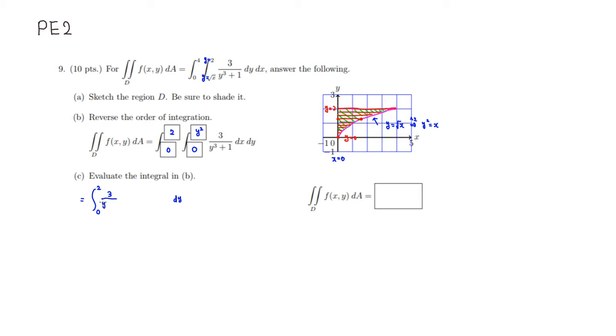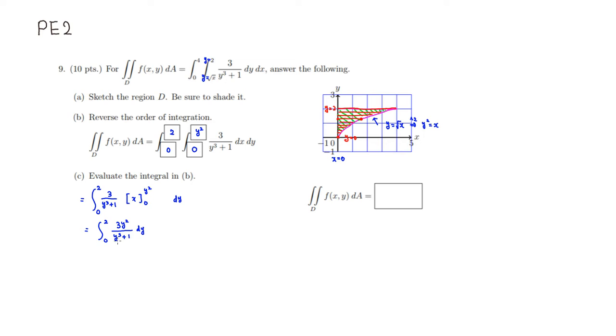Then you are integrating 1 with respect to x, so it's going to be x, going from 0 to y squared. So this is the integral from 0 to 2. Plugging in y squared and 0, you get y squared, so you're going to have 3y squared over y cubed plus 1, with respect to y.